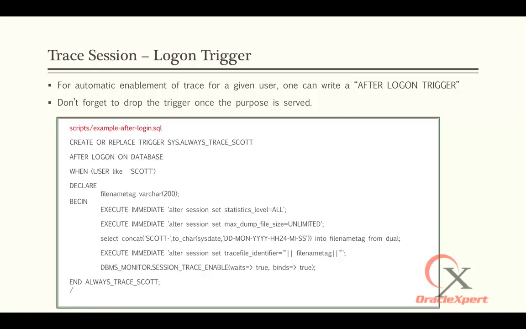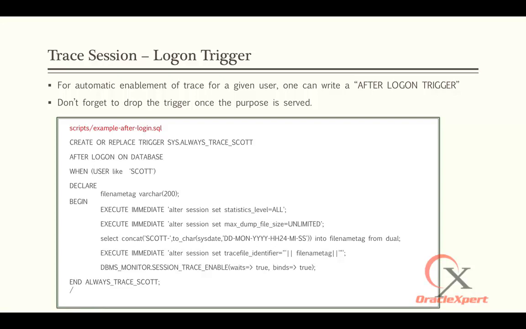Now sometimes you may want to automatically enable tracing for a given user. I want it like this: no matter who connects, from what application, with what action, with what module name, with what service name, if the name of the connected user happens to be Scott, I would promptly like to enable tracing for his session.